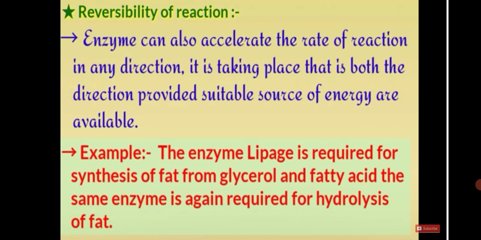The same enzyme is again required for hydrolysis of fat, and hydrolysis means the conversion of fat into glycerol and fatty acids. So both the condensation and the hydrolysis of fat can occur with the same enzyme, which is called lipase. So that is the reversibility of the reaction.